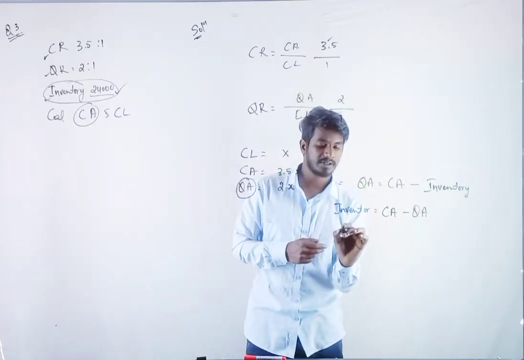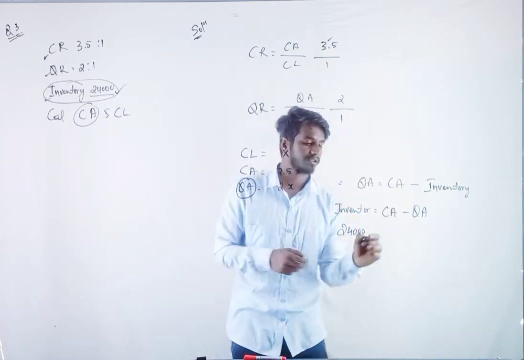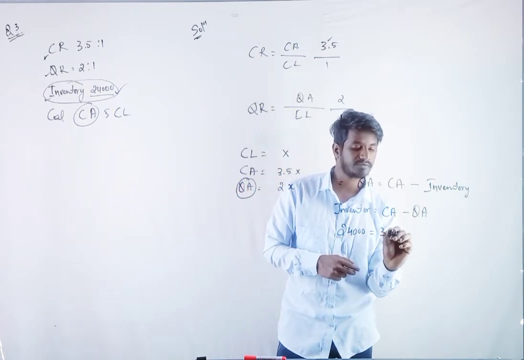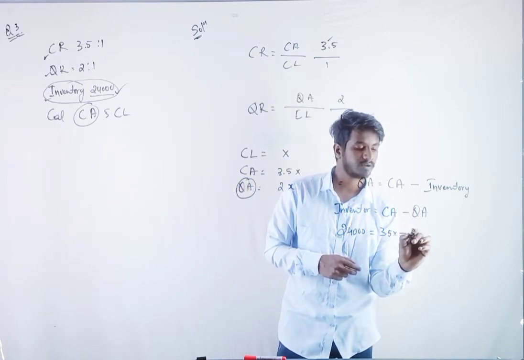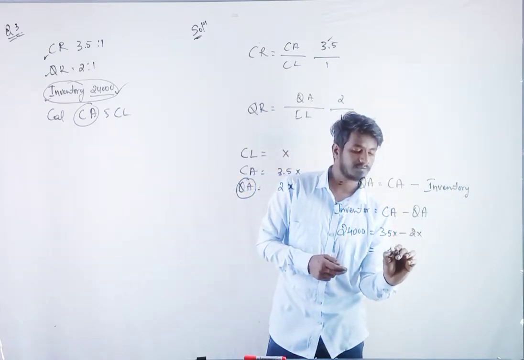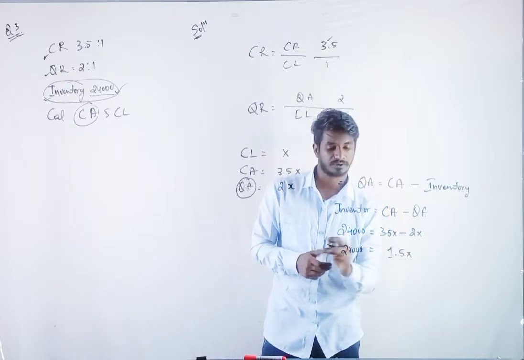How much they have given inventory? 24,000 they have given. Is that okay? Yes. The current asset is 3.5x minus 2x, which comes to 1.5x, becomes 24,000.